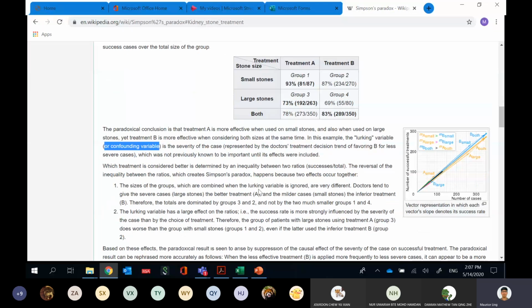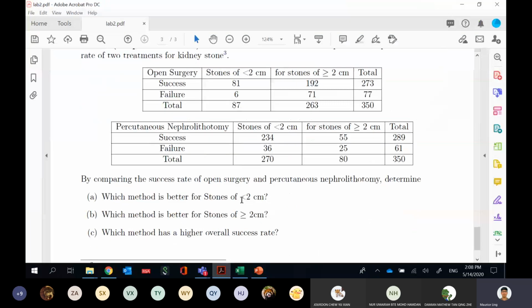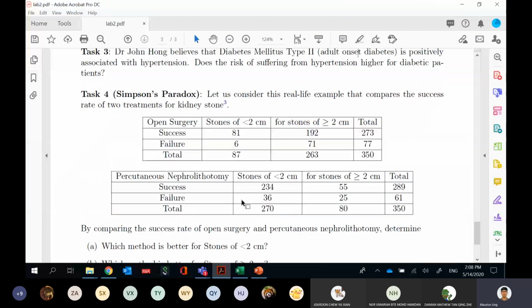There is a favoring of one treatment over the other. That's what causes Simpson's Paradox. So don't be surprised if you see a situation that looks like this. That is a bit extra for you to understand about Simpson's Paradox. You may not appreciate it at this moment, but know that there's actually such a thing around when you do your data analysis.